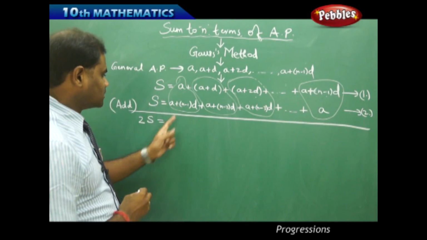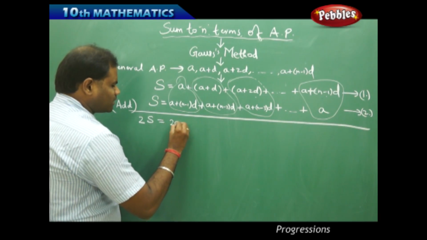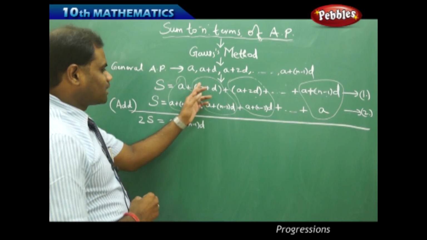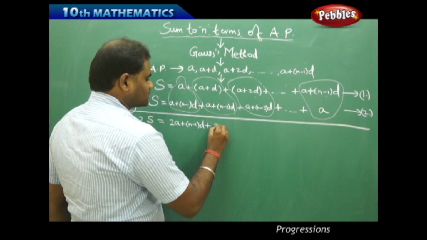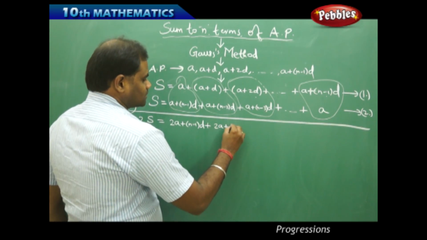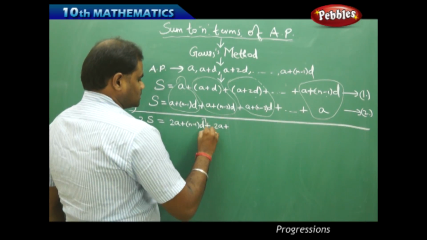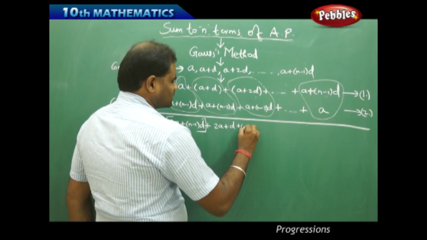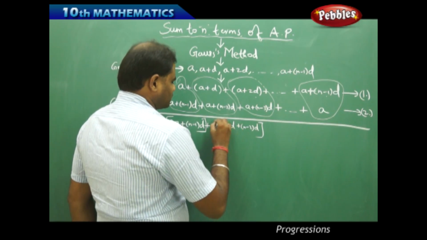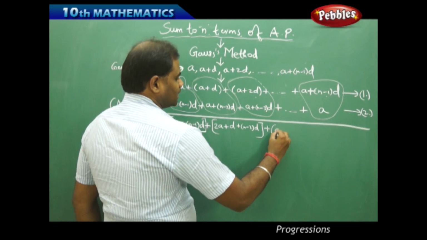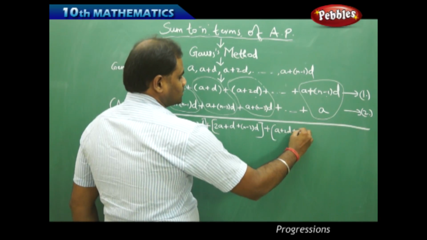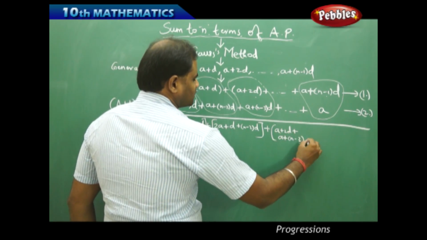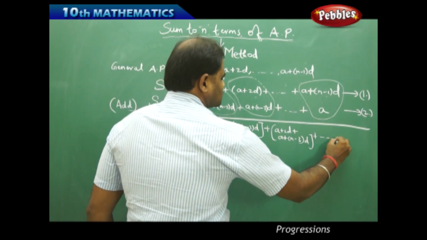Therefore, when I add this with this, I get 2a plus n minus 1 times d. When I add the next pair, I get 2a plus d plus n minus 2 d, and then a plus 2d plus a plus n minus 3 times d, so on and so forth.